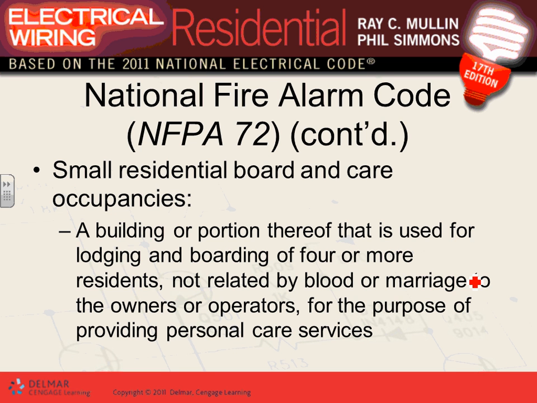So small residential board and care occupancies, they define the areas, guys. So 72 gets into defining what is a dwelling. They have a building or a portion thereof that is used for lodging and boarding of four or more residents not related by blood or marriage to the owners or operators for the purpose of providing personal care.